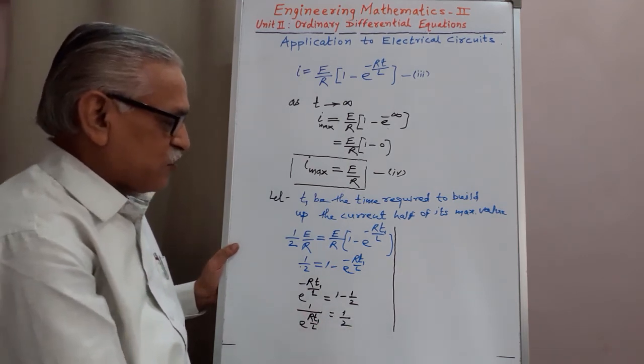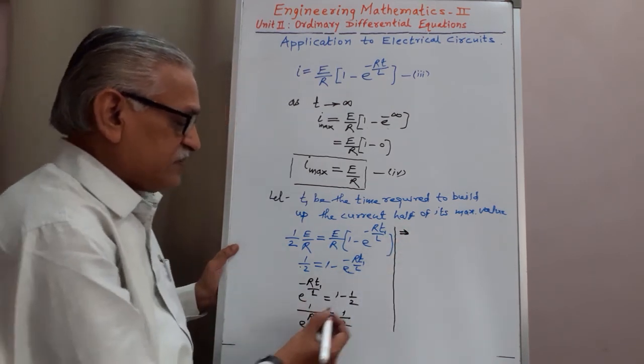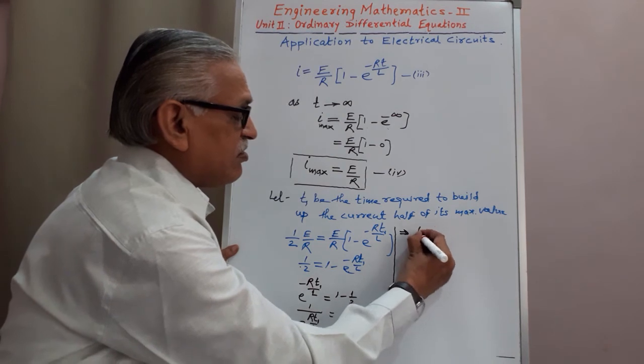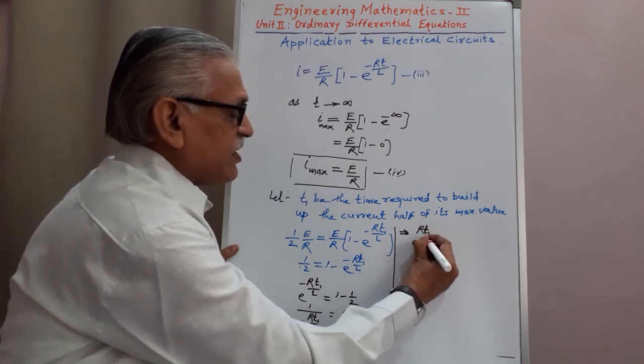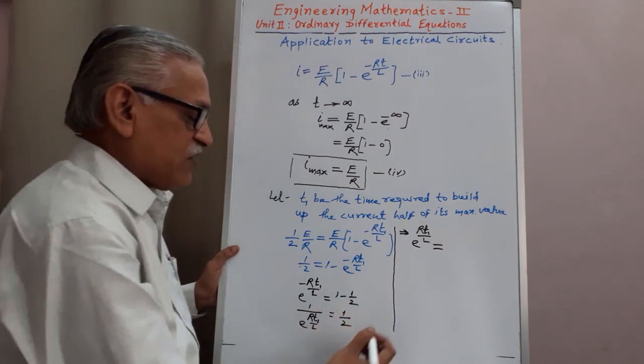And then taking the reciprocal, e raised to R T1 by L is equal to the reciprocal of 1 by 2, which is 2.